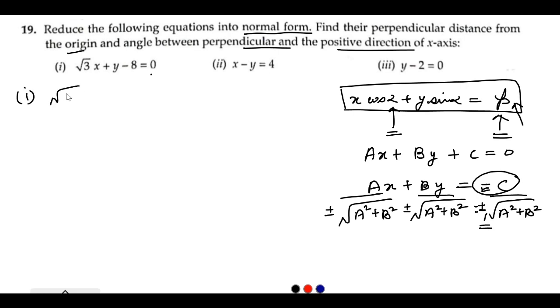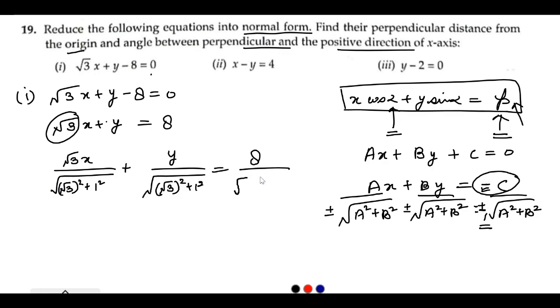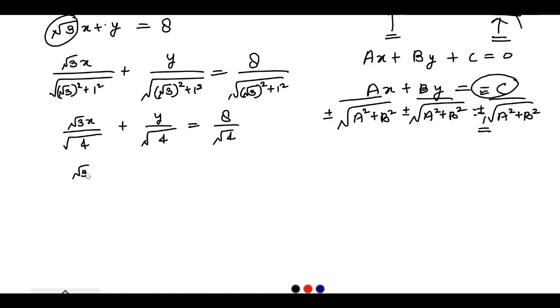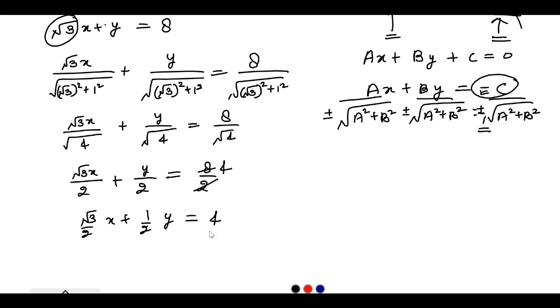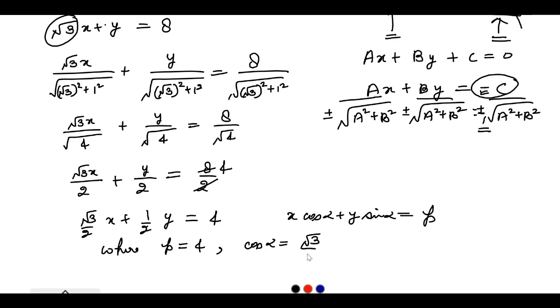The first part. Under root 3/2 x plus 1/2 y is equal to 4. This is the normal form. x cos alpha plus y sin alpha is equal to p, where p is equal to 4 and cos alpha is equal to under root 3/2 and sin alpha is equal to 1/2.